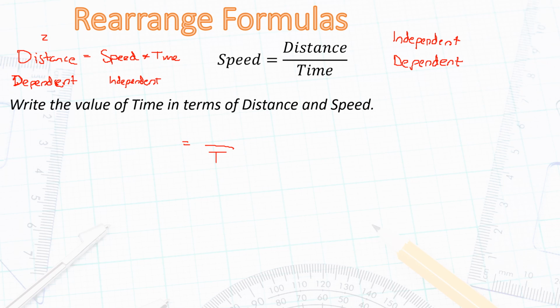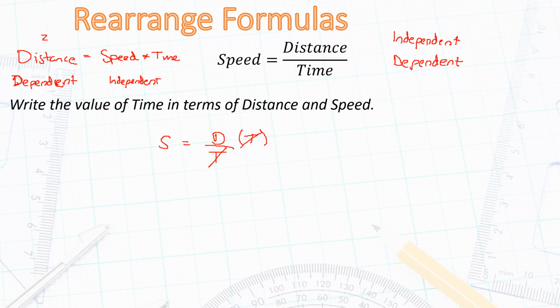So what we need to do instead is say, all right, if I want to get T on its own, I need to get it out of that denominator. The way to do that is to cancel it on the right-hand side by multiplying by that variable on both sides. So if I multiply by T on the right side, it will totally cancel. So T divided by T is 1.